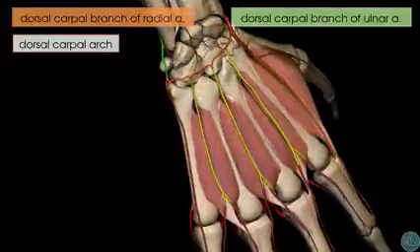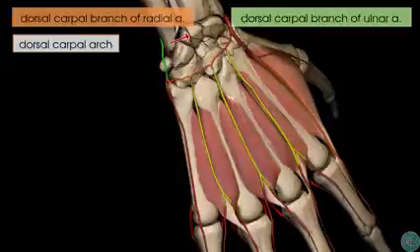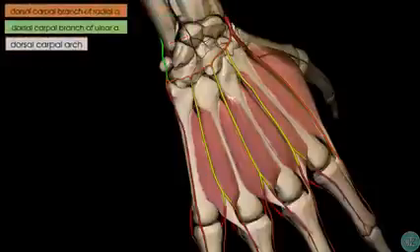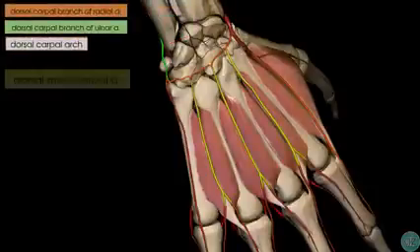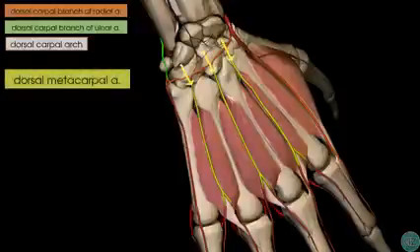In addition, you can see these arteries over here which come off the posterior interosseous artery and anastomose with the dorsal carpal arch. Now coming directly off the dorsal carpal arch are the dorsal metacarpal arteries. You can see three of these in yellow. So you've got dorsal metacarpal arteries 2, 3 and 4.